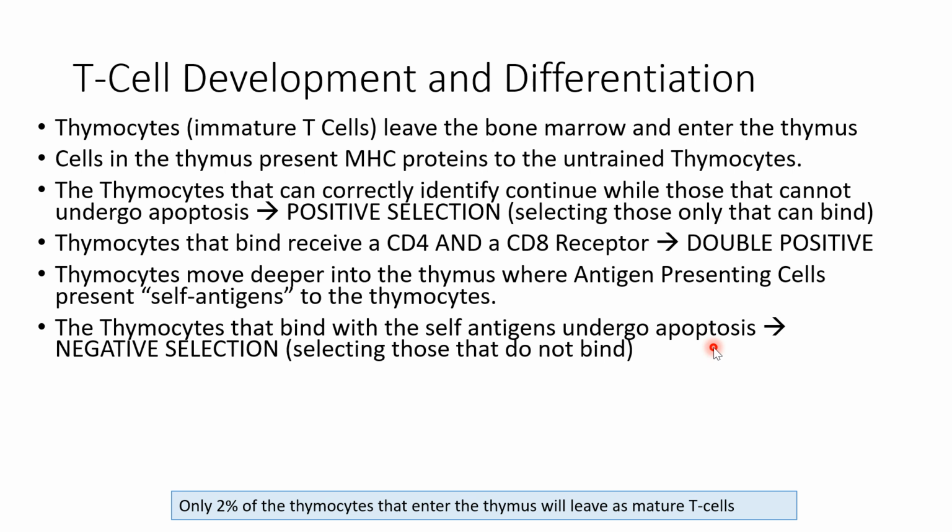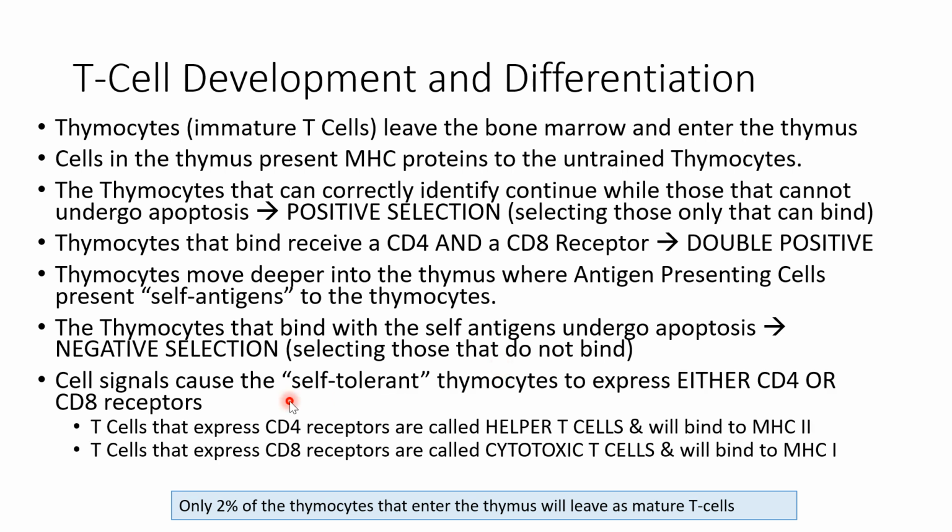So any thymocyte that has the ability to bind to a self-antigen gets destroyed. Those that don't bind move on to the next section. This is called negative selection because those that don't bind get to move ahead and advance, right? The other one's apoptosis.